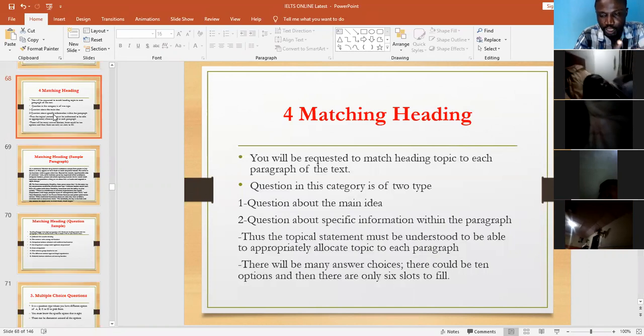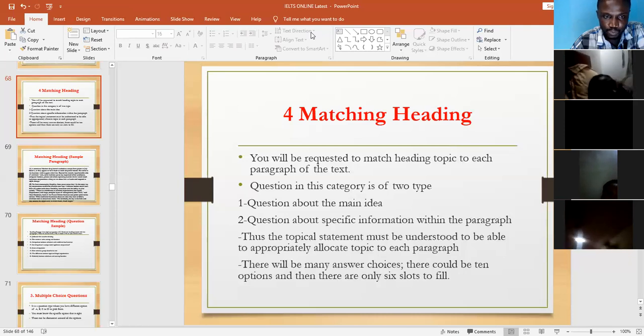So 2 things that are worthy of note. Let me bring out my annotation so as to properly highlight. The first thing is that the question is always targeted at the main idea or specific information within the paragraph.